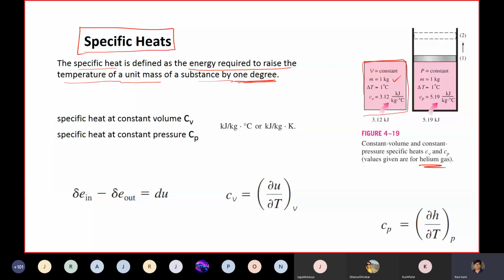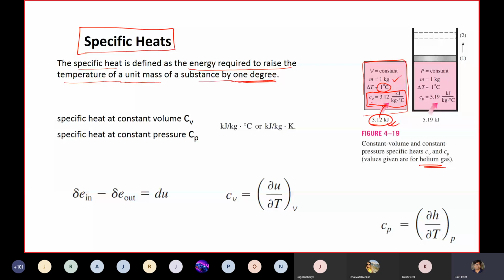To increase its temperature by 1 degree, it needs 3.12 kilojoules of heat to be input into the system. So this 3.12, as a quantity, will become its specific heat.